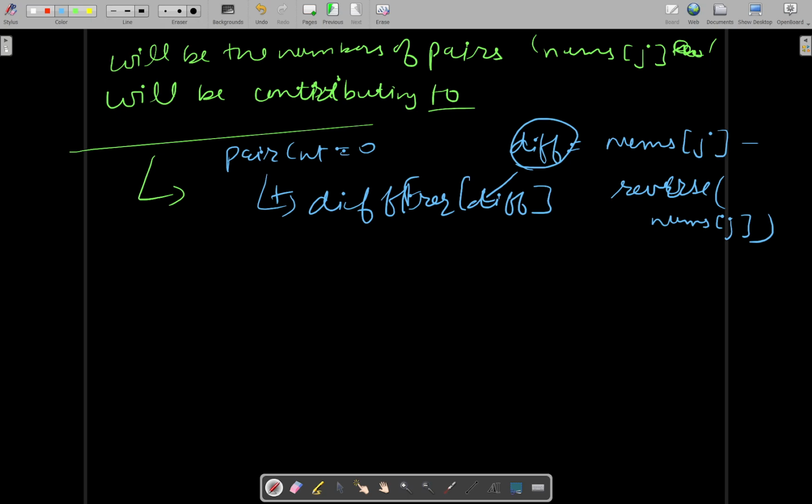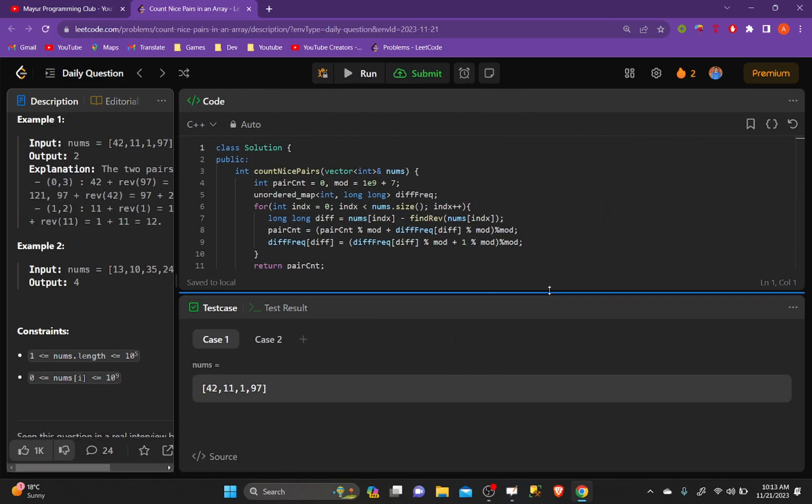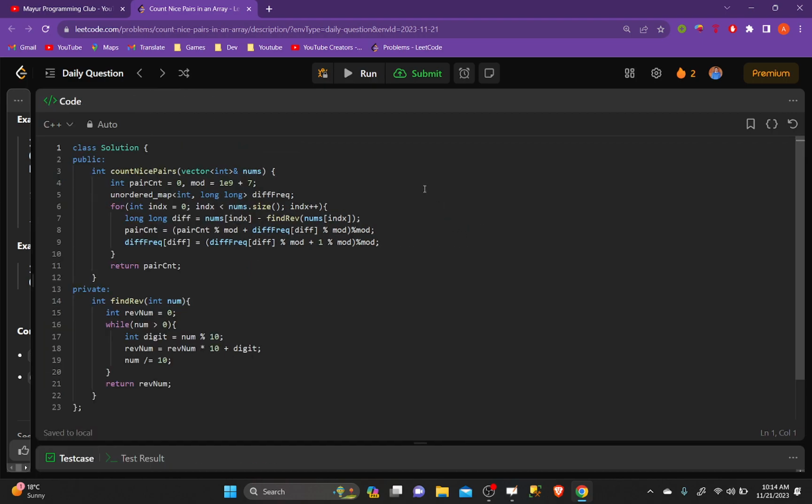Now let's have a look at the implementation of the problem. Okay, so the implementation is quite precise, quite short actually. So let's have a look.